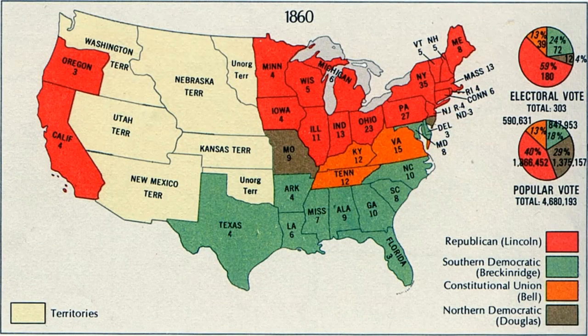And then in the South, so many of these southern states vote for the Democrat running, Breckinridge. What's important to note here, in a state such as Florida or a state such as Louisiana, Georgia, North Carolina, South Carolina, these states actually don't put Abraham Lincoln on the ballot. So it wasn't even an option to vote for Abraham Lincoln.